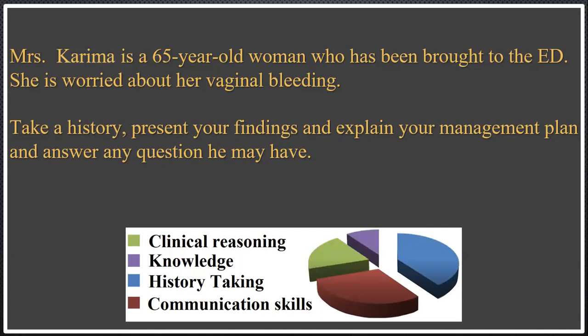What is the most likely problem? Cancer, malignancy, just that. Don't think too deep. Any vaginal bleeding or brown vaginal discharge in old age after menopause is malignancy until proven otherwise.